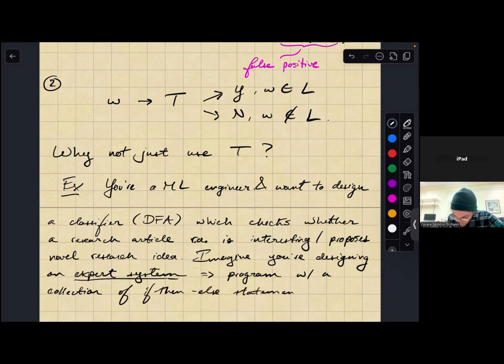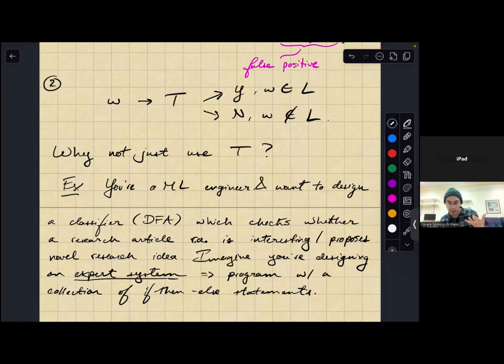Okay. So, an expert system for our problem would be a system that takes in a research article, right? Like an 8-10 page research article about theoretical computer science, whatever. And the expert system goes word by word through the research article and goes through its if then else clauses to see whether the paper meets this criteria of being interesting, right?